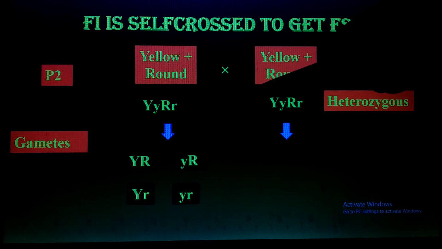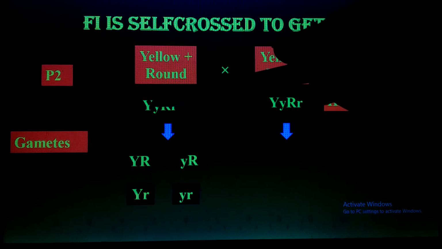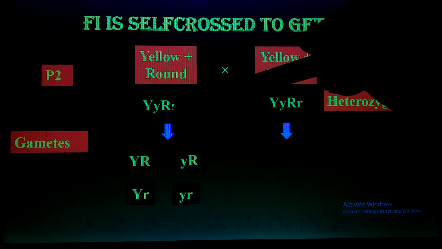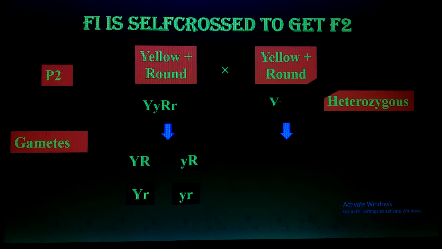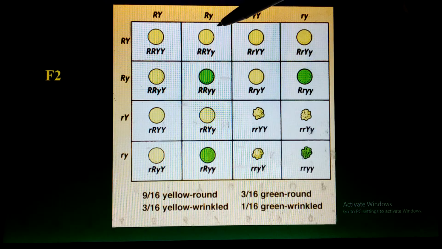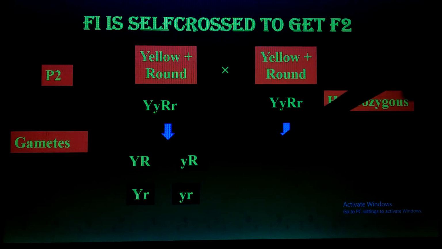Is it clear? So what will happen? How are the gametes produced? You multiply this Y with this R, then this Y with this R, and you get 2. Now this Y with this R and this Y with this. So 4 types of gametes are produced here. Okay. Now, in order to get the F2, the same 4 types of gametes are produced here.